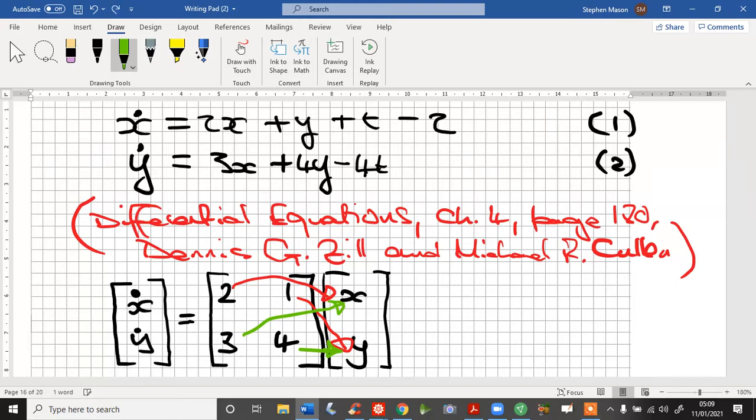So we'll just get rid of those coloured lines now, and proceed with writing down the rest of the matrix.